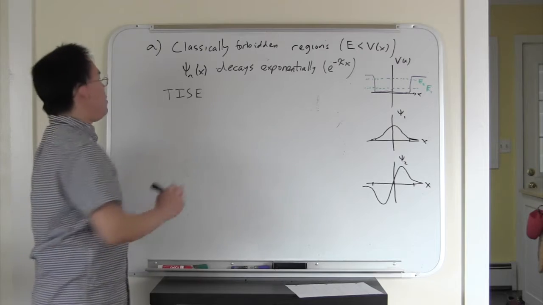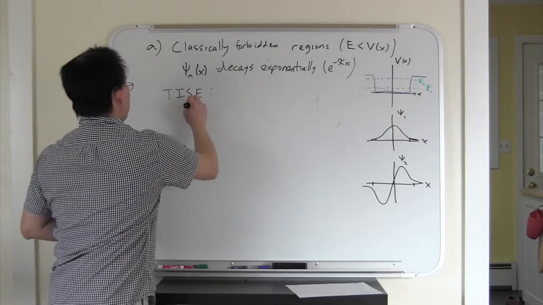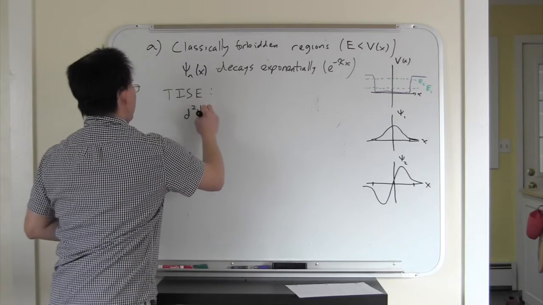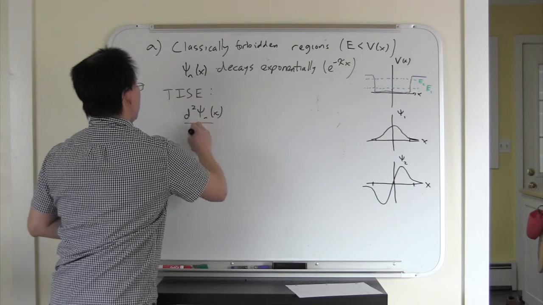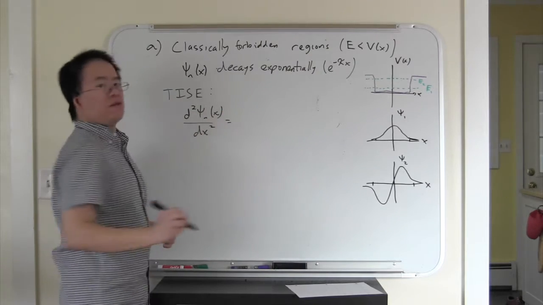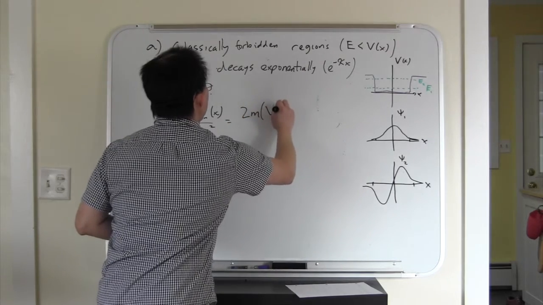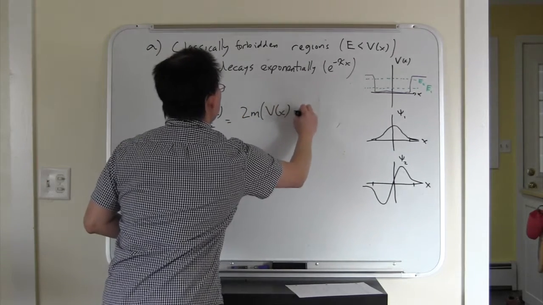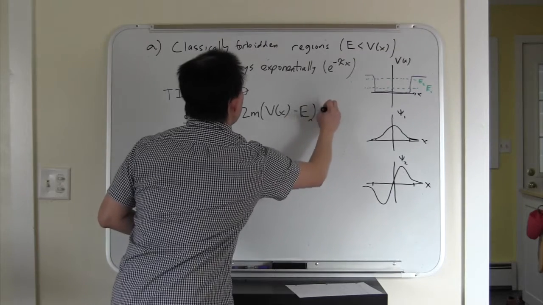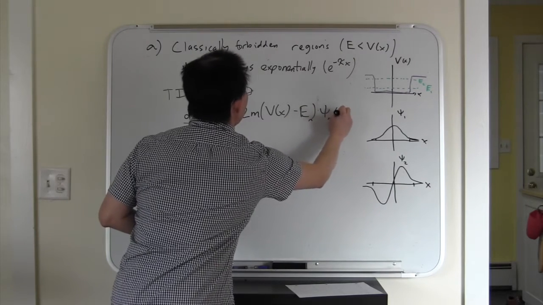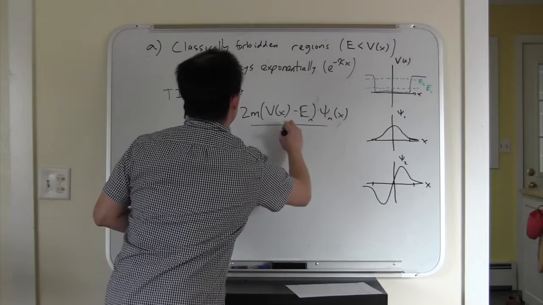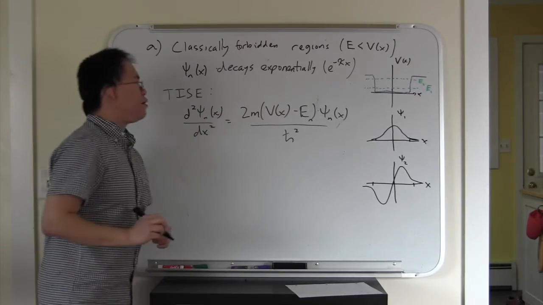And this time what we get is d squared psi dx squared equals 2m, V of x minus E n, psi n of x, all over h bar squared.